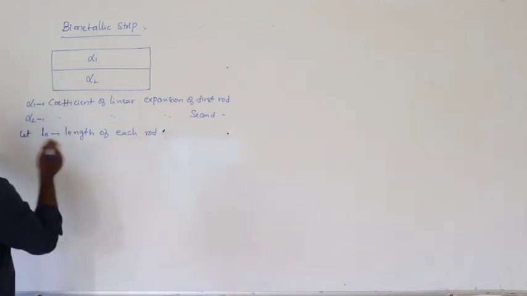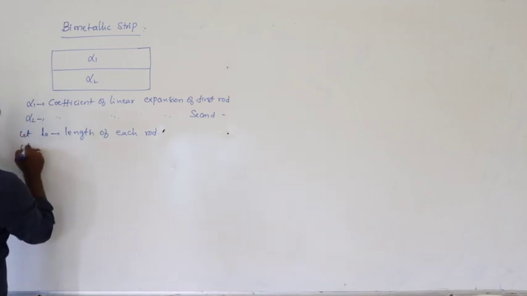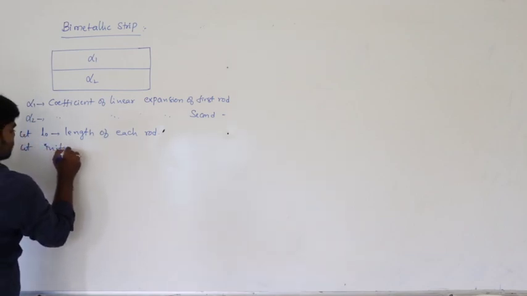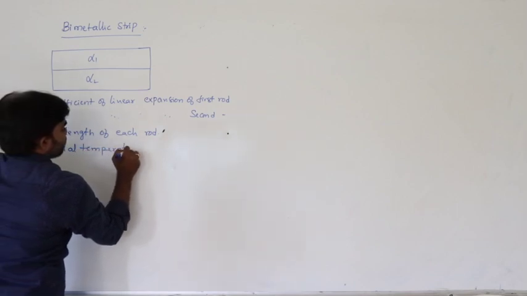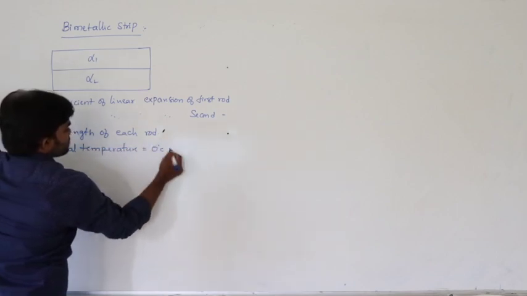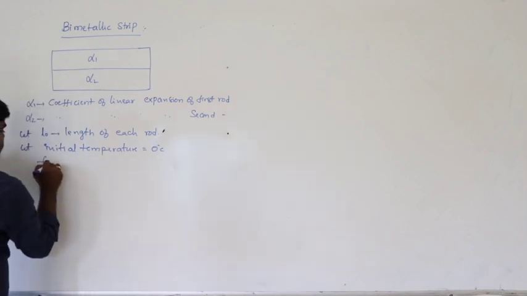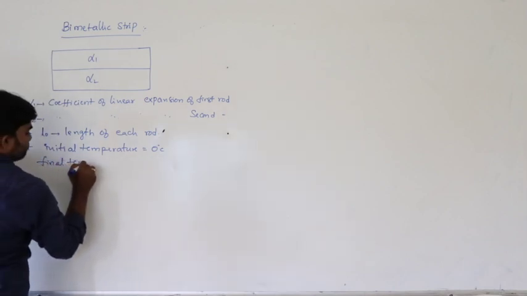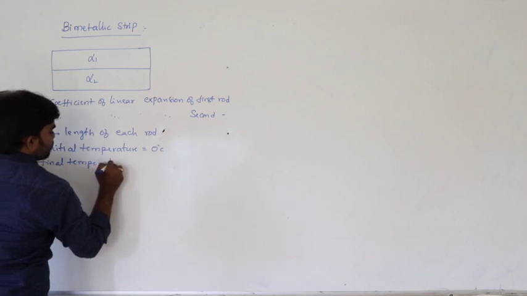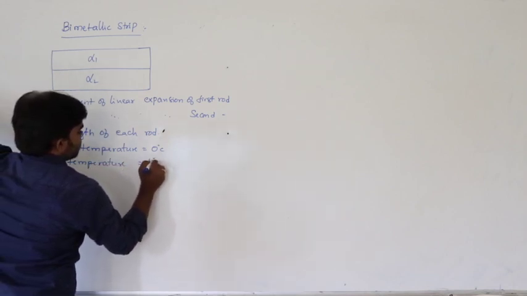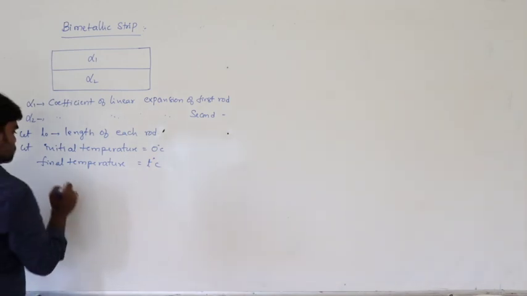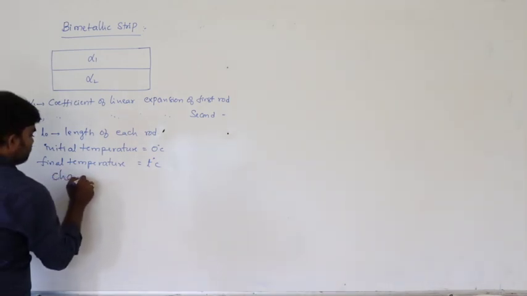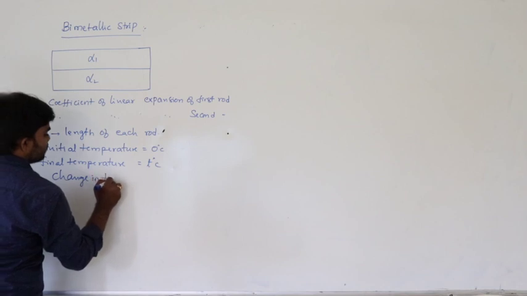Now, let the initial temperature be 0 degrees and the final temperature be T degrees Celsius. Then the system rises to a certain temperature T. So, what is the change in temperature?